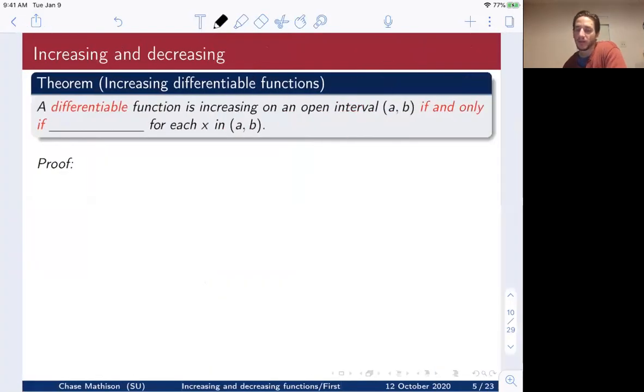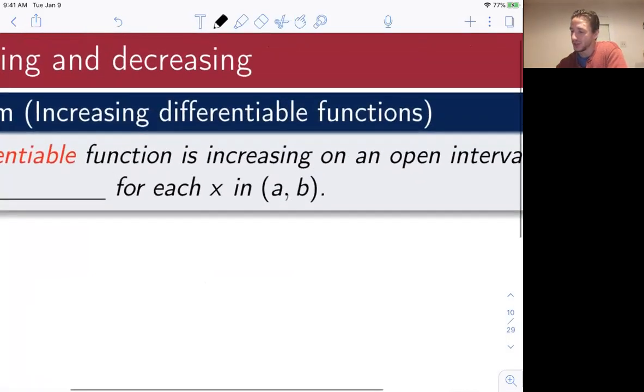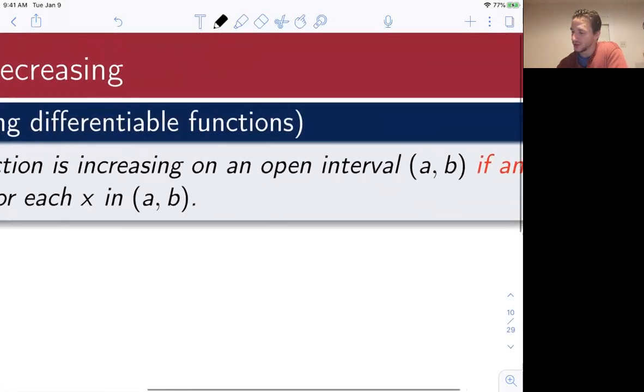All right, so like I said, if we know a special thing about f of x, specifically that it is differentiable, then we have an easy way to check if the function is increasing or decreasing on an open interval. So a differentiable function, which we'll call f.